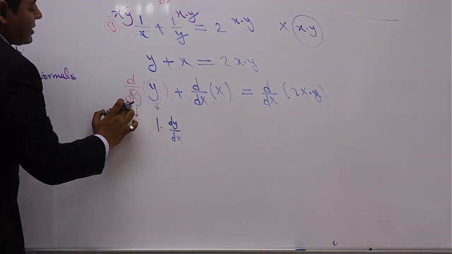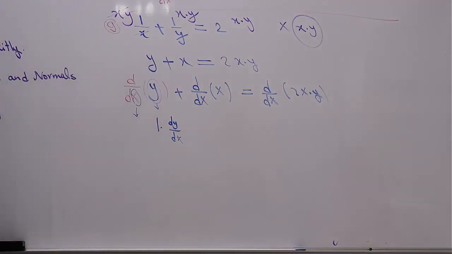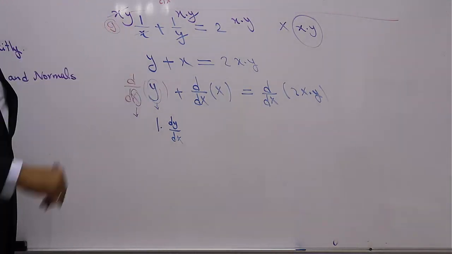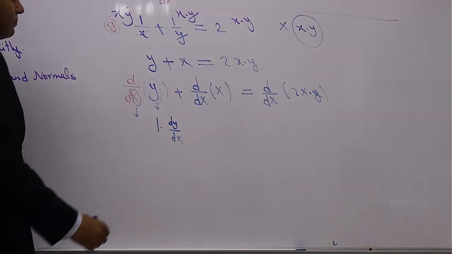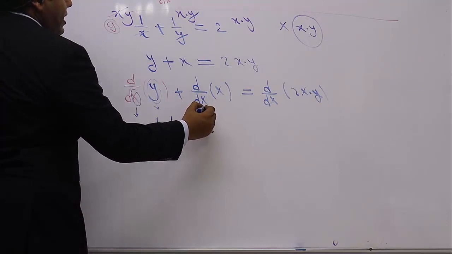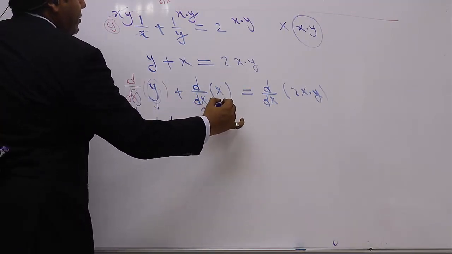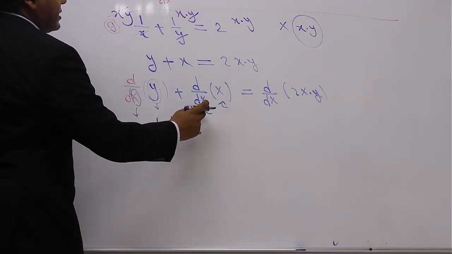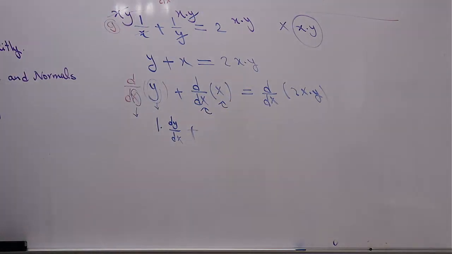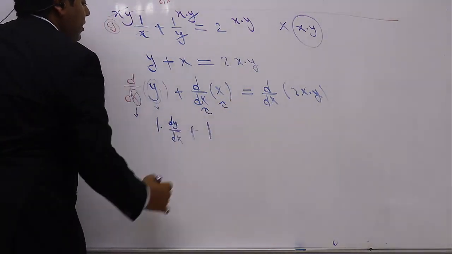The derivative of x with respect to x is equal to only 1. But the derivative of y with respect to x is 1 times dy over dx. Plus, here the derivative of x with respect to x: the variable here is x, so I have the same variable. So the derivative of x is equal to 1.